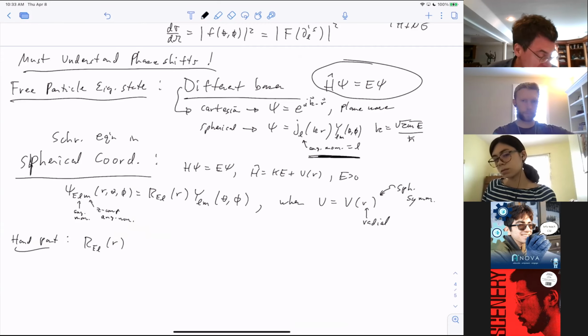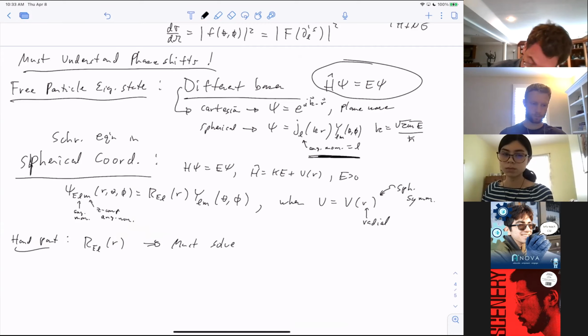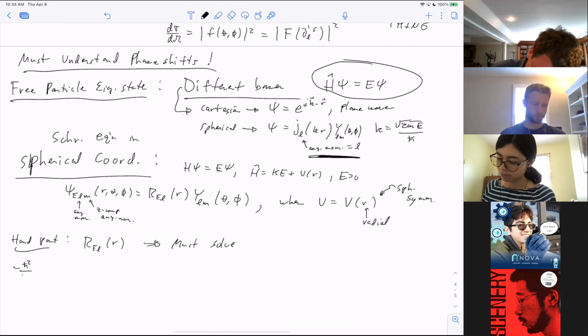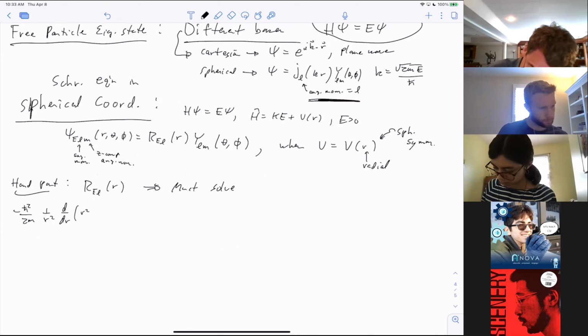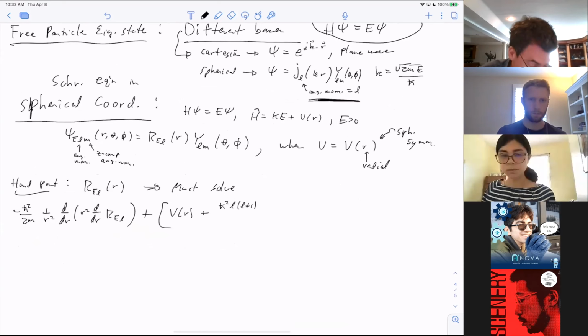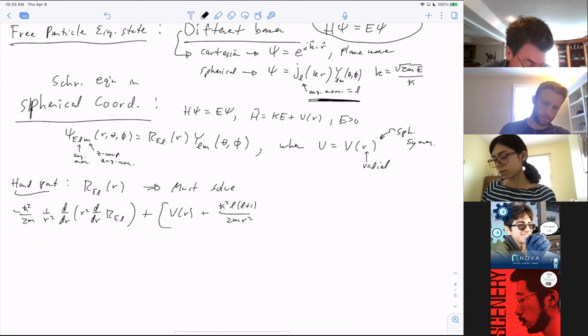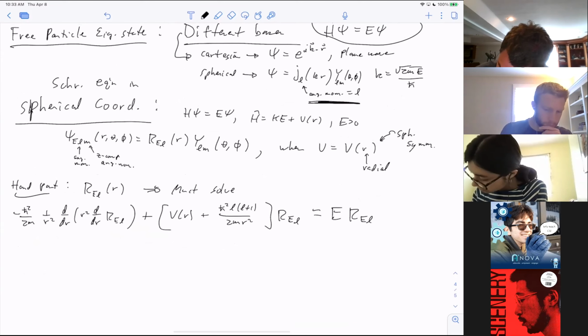To get the radial part, you have to solve this equation: negative h bar squared over 2m, 1 over r squared d/dr of r squared d/dr, plus V of r, plus h bar squared l times (l plus 1) over 2m r squared, acting on R_el, is equal to E R_el.